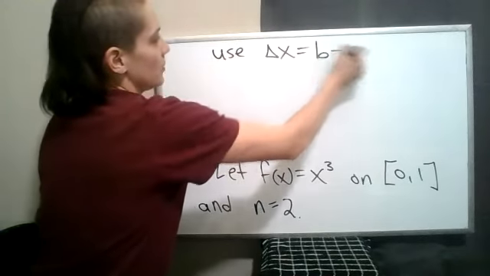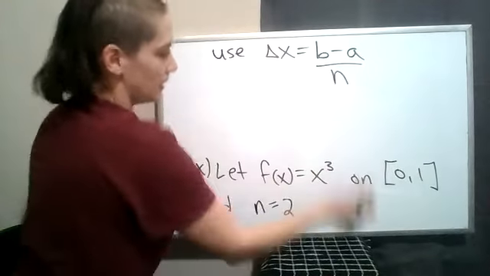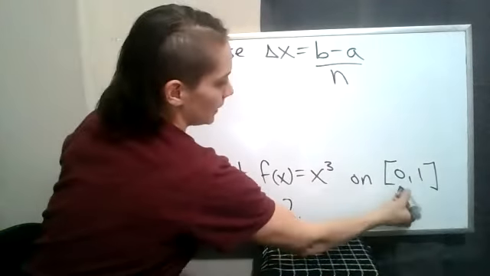B subtract a, divide by n. This is a, and this is b. So I need 1, subtract 0, divide by 2. I got delta x equals 1/2.